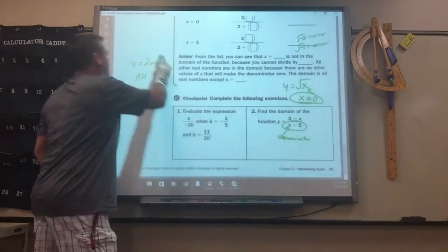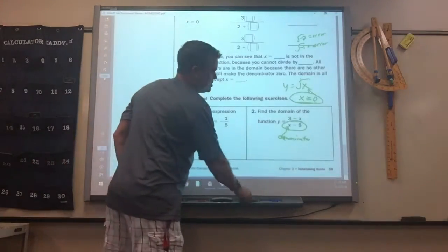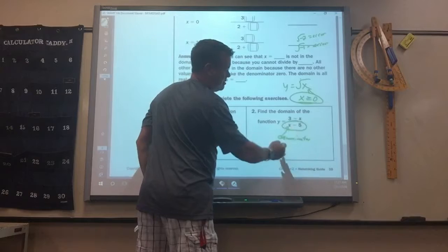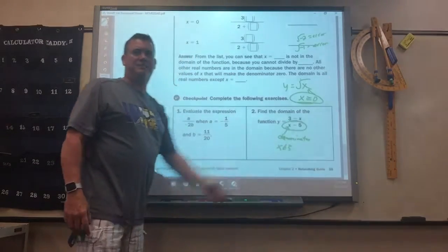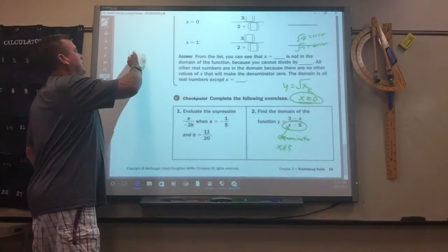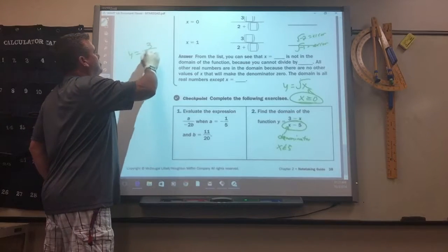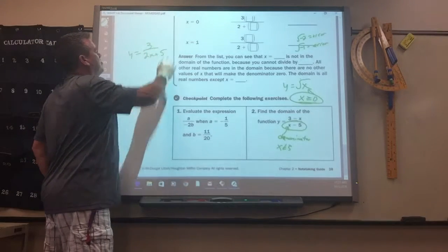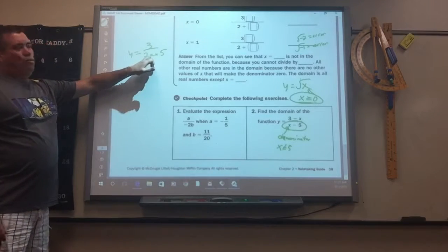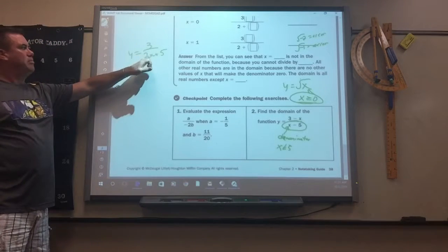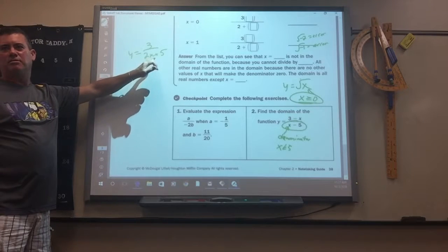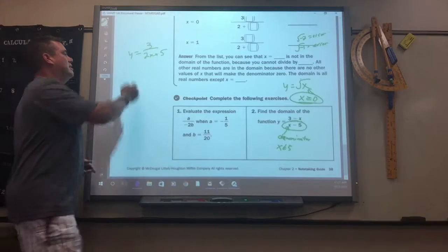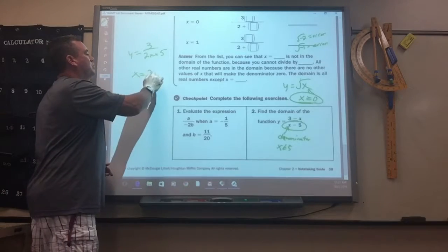Now, a little bit trickier. This is easy to see. x cannot equal 5. Because you can just look and see 5 minus 5 is 0. If you had this, what number would make this bottom 0? 2.5. You're right. x cannot equal 2.5.